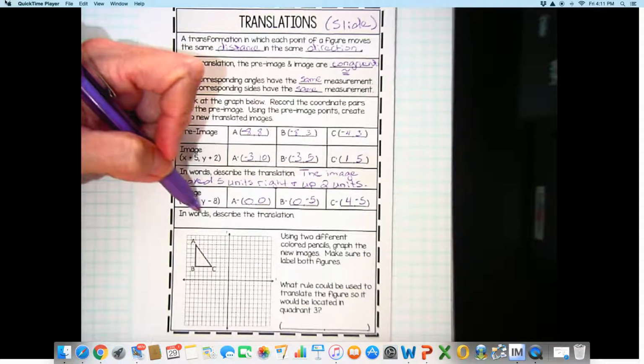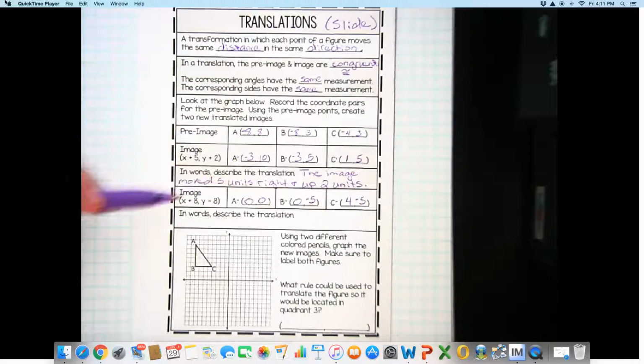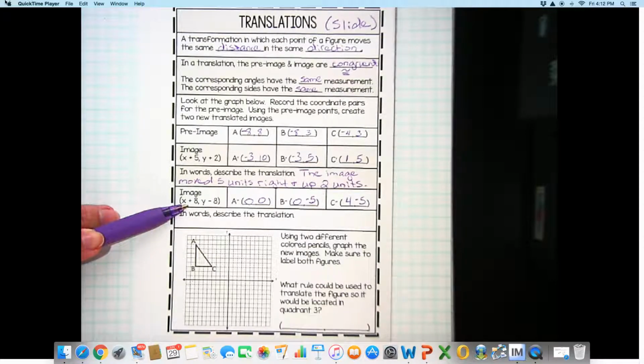So in words, describe this translation. So what did we do here? We took the original shape and we moved it to the right 8, right? We added 8 to all of our x's. That means we took all of our x's, moved them right 8, and this minus 8 on the y value tells us we moved it down 8, okay?